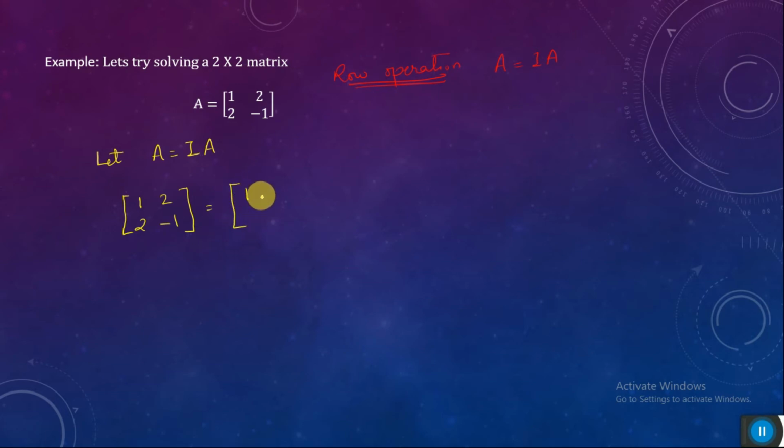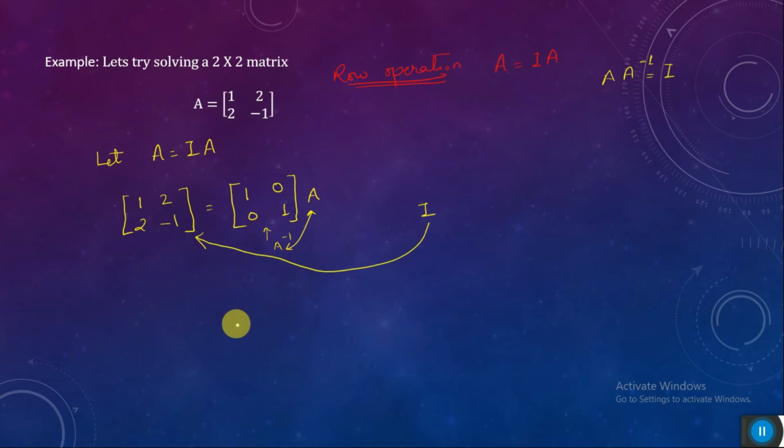This one is 1 0 0 1, and this A will remain as it is. Clear? Because we know if we multiply A with its inverse, I will get I, right? So what I want to do here is change this matrix to A inverse, so that this multiplied by this should be equals to I. And this I will be this one.